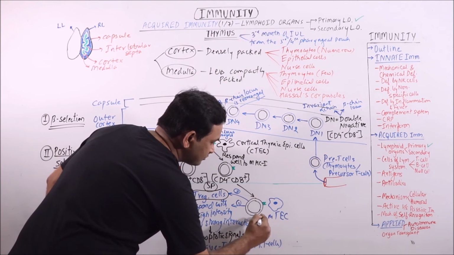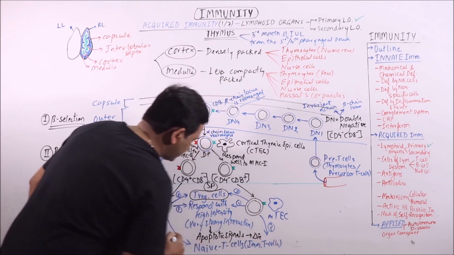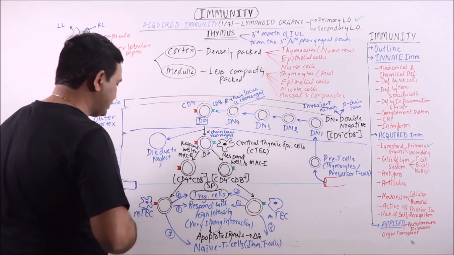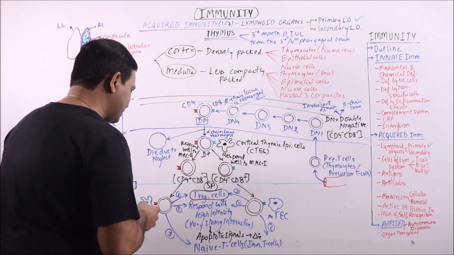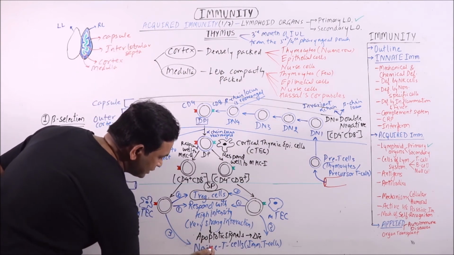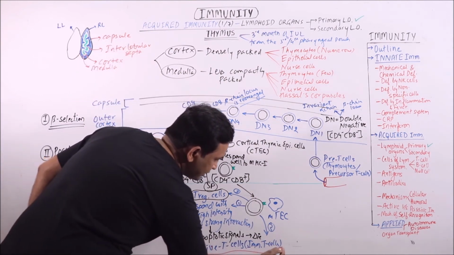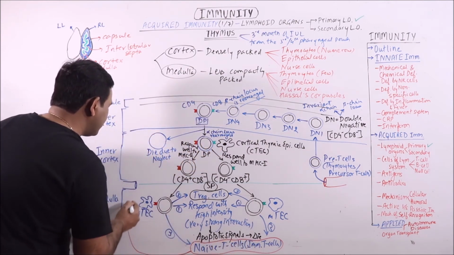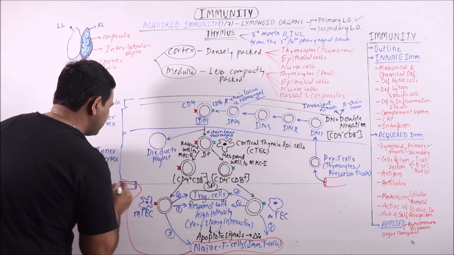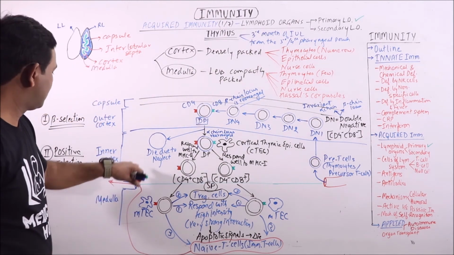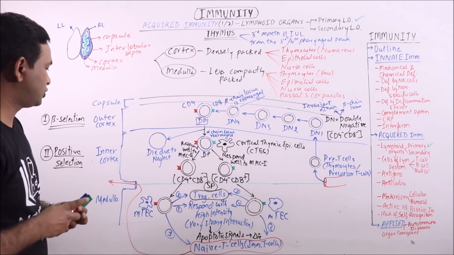Such cells, this is the third fate, which have given a mild to moderate interactive response, are known as naive T cells or immature T cells. And these will leave the thymus through the blood vessels present at the corticomedullary junction.